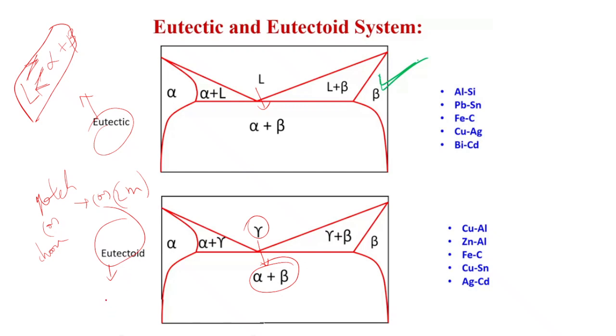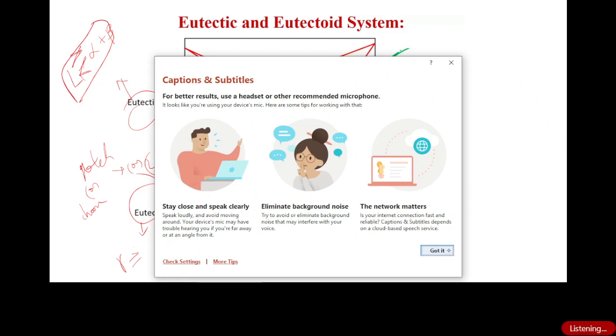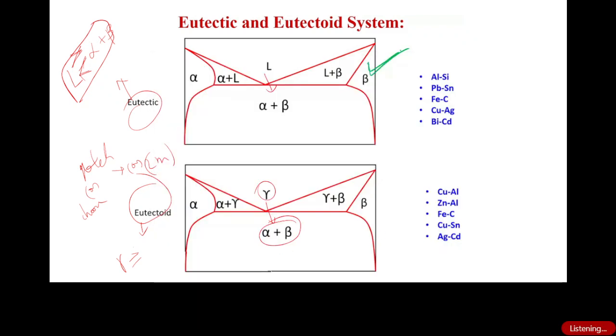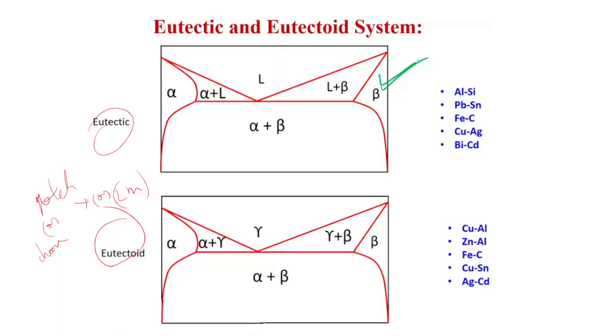Eutectoid means gamma turning into alpha plus beta.